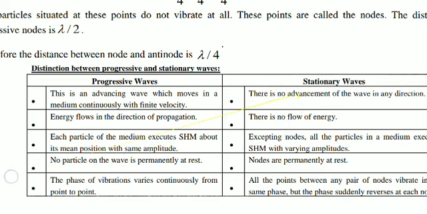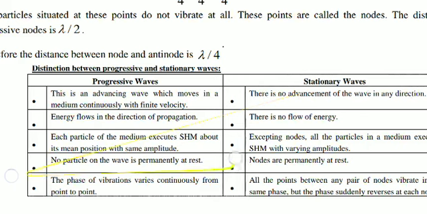So in case of progressive wave, no particle on the wave is permanently at rest. Actually, whenever there is a progressive wave, for example the sound wave, you will find that every particle will be in motion. No particle will be at the position of rest. However, in case of stationary waves, there are positions called nodes, where all the particles will be stationary.